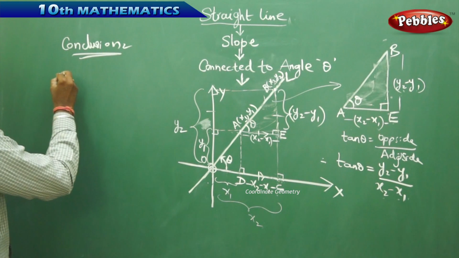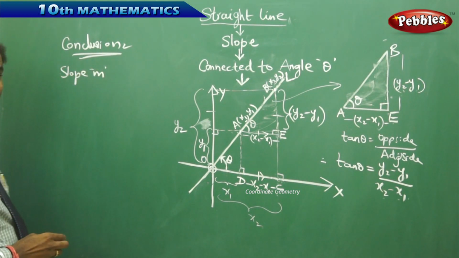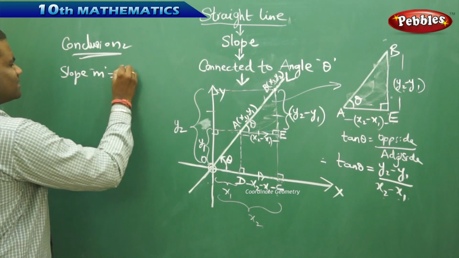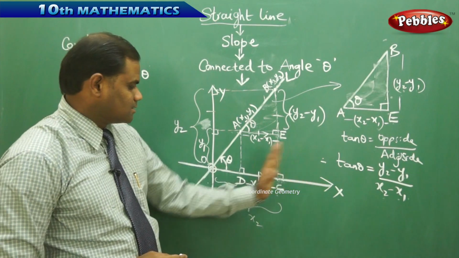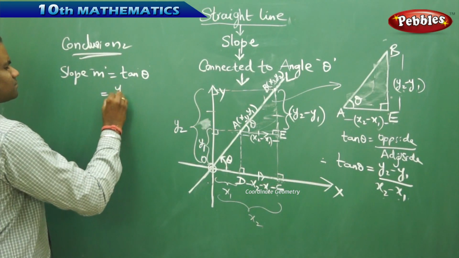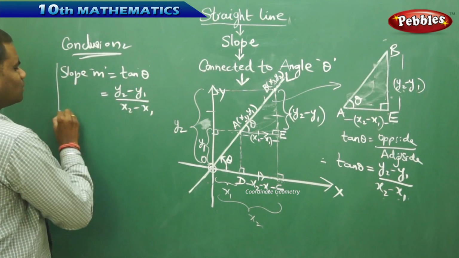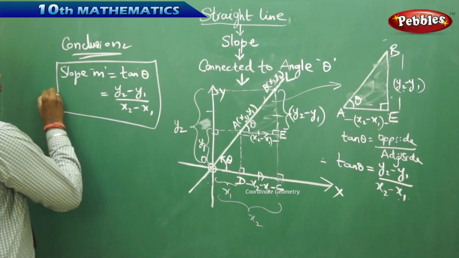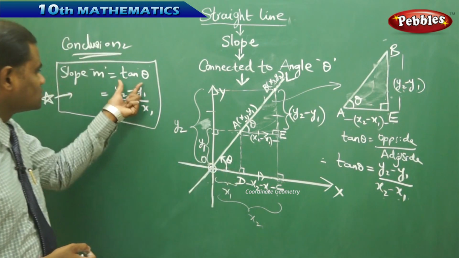Therefore, the final conclusion is that the slope m, which I generally denote for the slope, is nothing but the tangent of the angle theta made with the x-axis in the anti-clockwise direction. This is how I obtain the formula for slope using angle. If I know the angle, I use this formula.